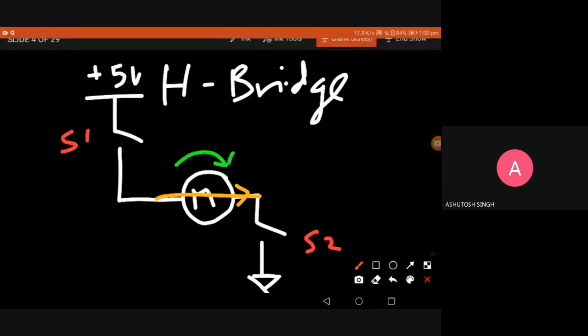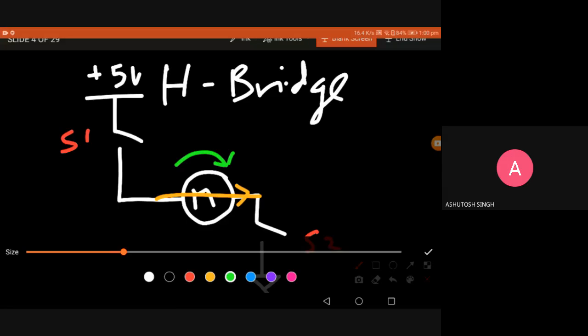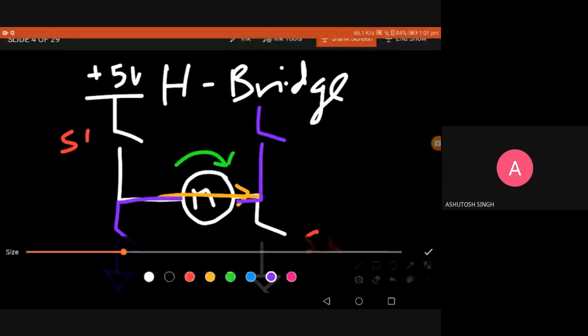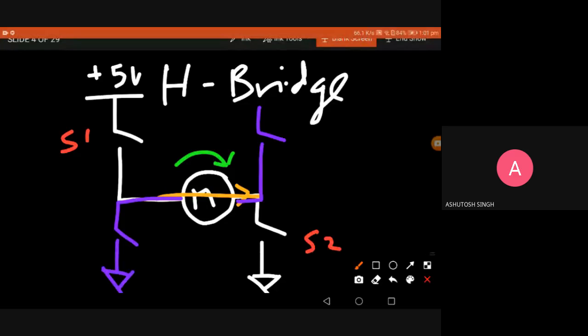Okay. Now, if I want the motor to rotate in the counterclockwise direction also, what should I do? I should add two more switches, S3 and S4. Connect them to ground also, and again I connect this also to the 5 volt supply.